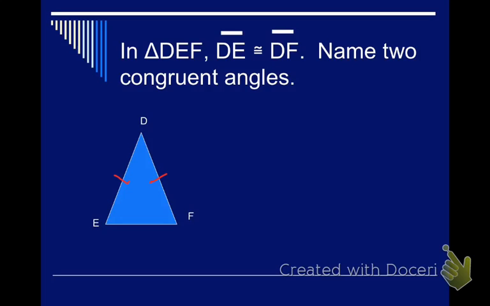If it's at least isosceles, then the two angles that are not included by the congruent sides, so angle E and angle F, are congruent angles. So angle E is congruent to angle F. Those are the base angles. They are congruent.